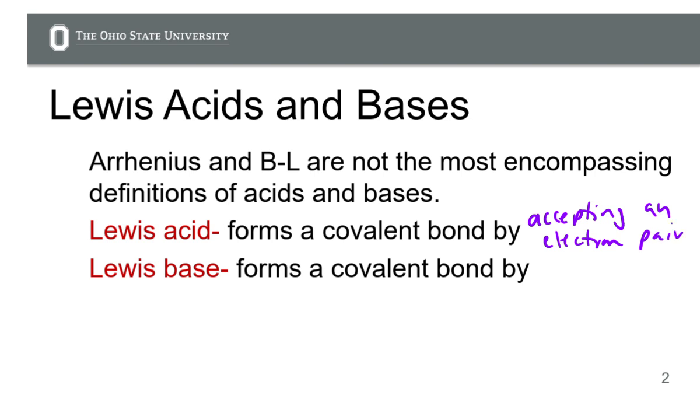Accepting an electron pair. So now we're thinking about the movement of electrons. A Lewis base is going to form a covalent bond by donating an electron pair. So e minus for electron.